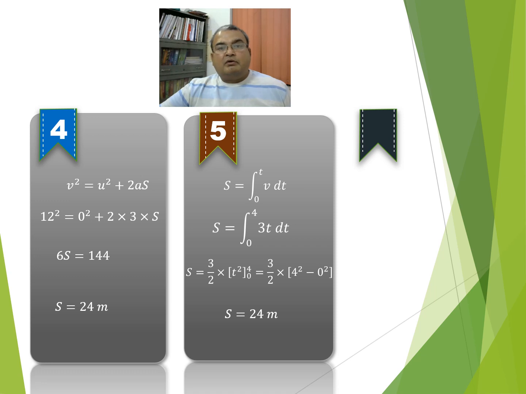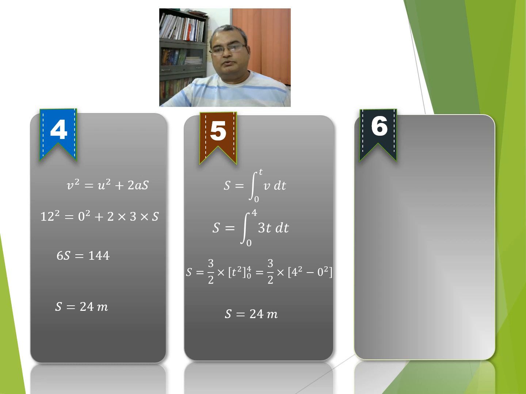Wonderful. One of your colleagues gave us the idea that the area enclosed between the velocity and time curve and the time axis can also give us the distance traveled by the particle. We will follow that one also. s equal to the area enclosed between the vt curve, meaning velocity time curve, and the time axis.